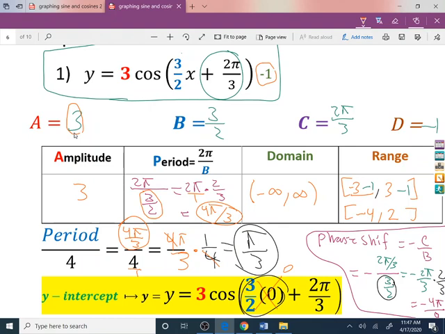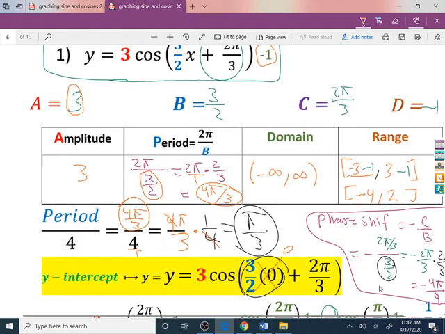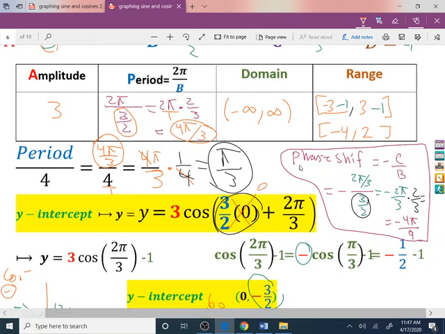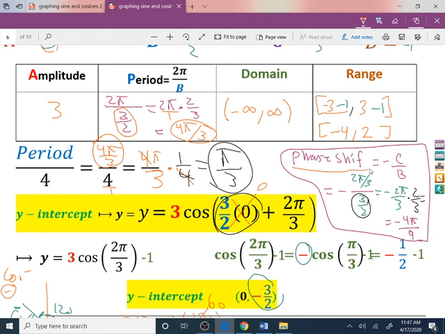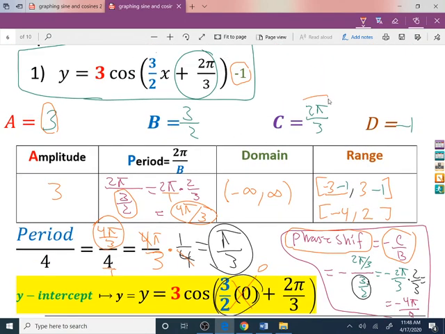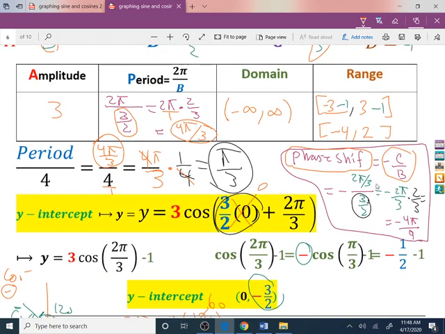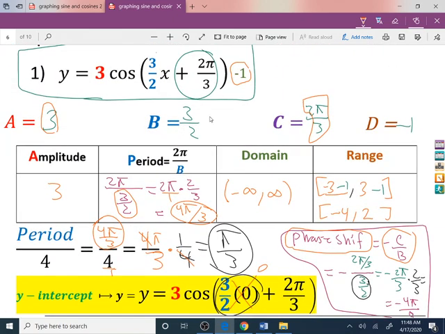Before you start, which one is your starting point? We said my starting point is the first shift, negative c over b. I have c, which is 2 pi over 3. I have b, 3 over 2.